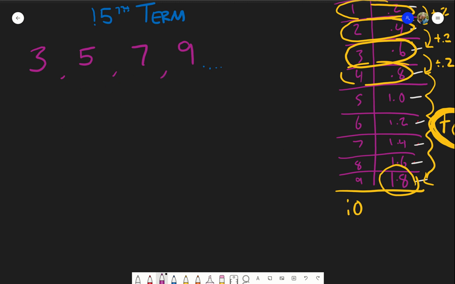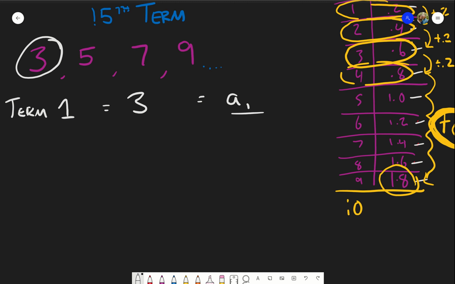All right, I'll make a little table here. Term 1 is 3, and so we're going to call that term 1. That's our first term.